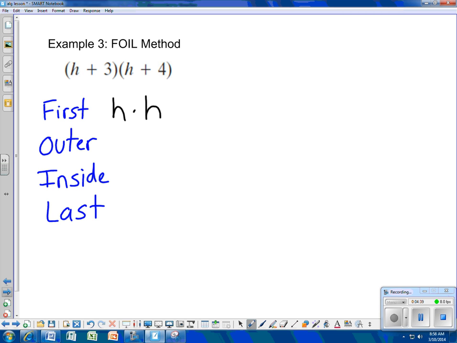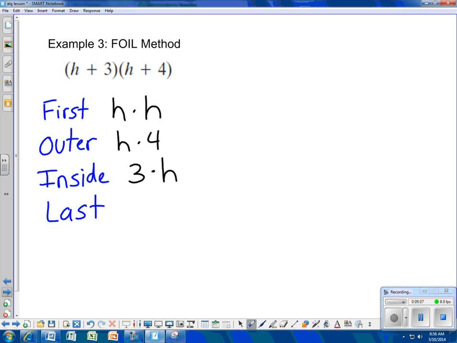For the outer, we have an h, because we're talking about the outside of the parenthesis now, and the 4. Those are going to be multiplied together. For the inside, it's the 2 in the middle, so that would be the 3 and the h. So these two in the middle, the 3 and the h.